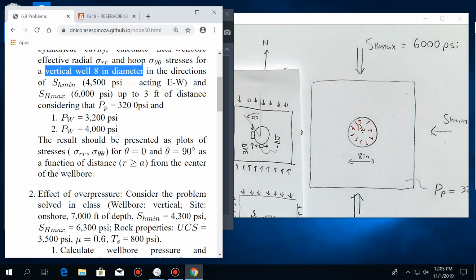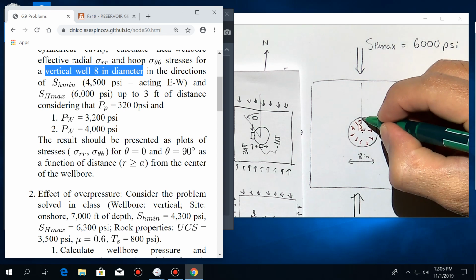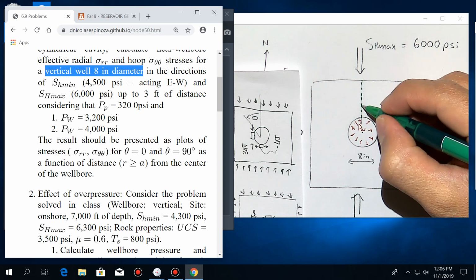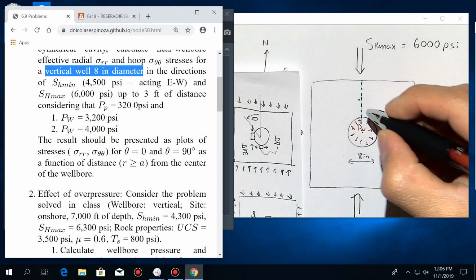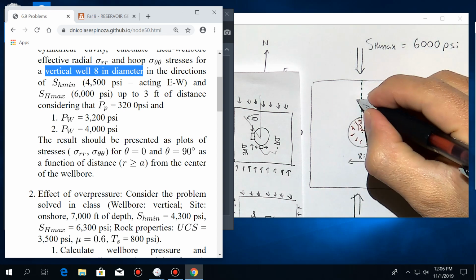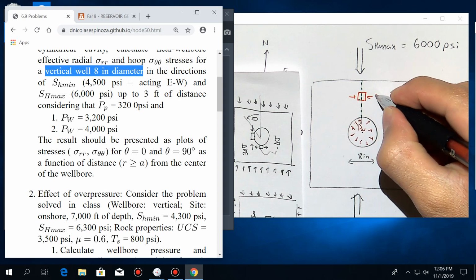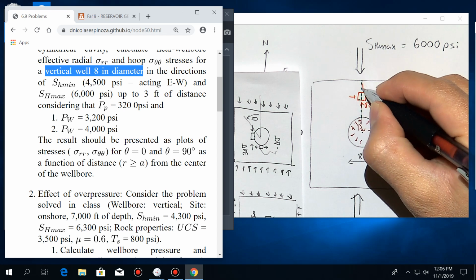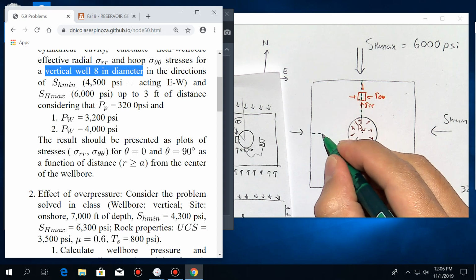So this is going to be theta equal to 0. So this is the line in which I want you to tell me what is sigma theta theta and sigma RR, and also for theta equal to 90.